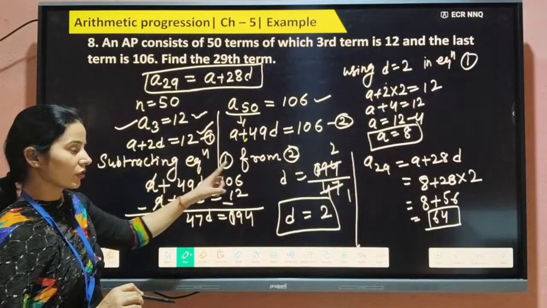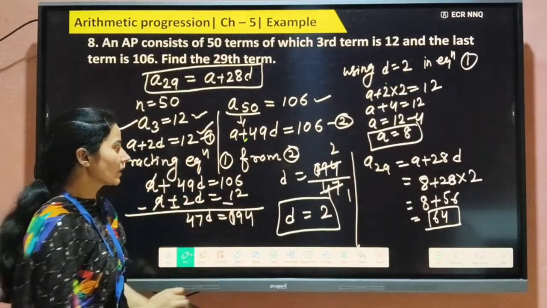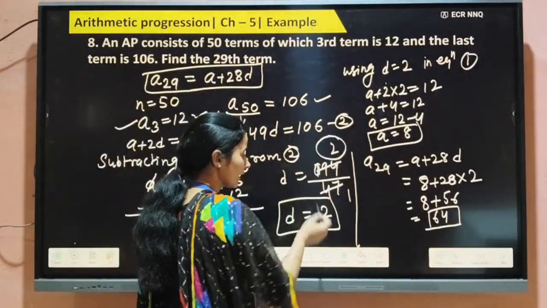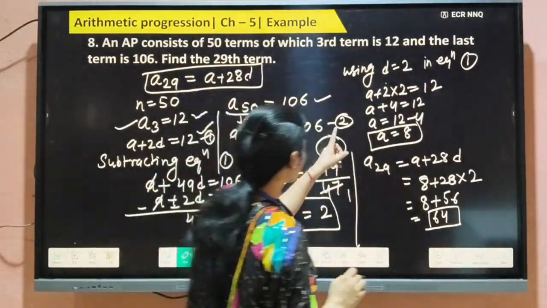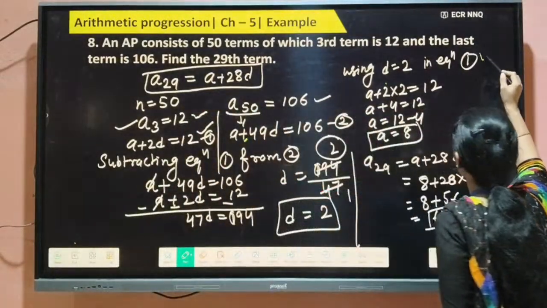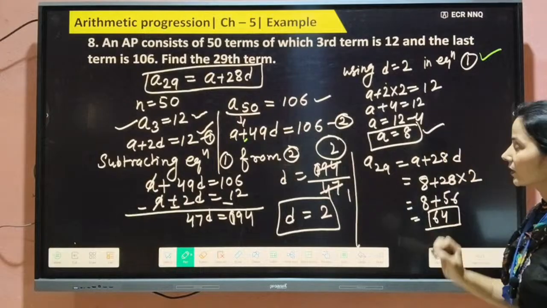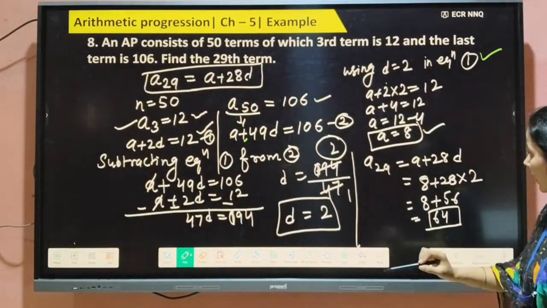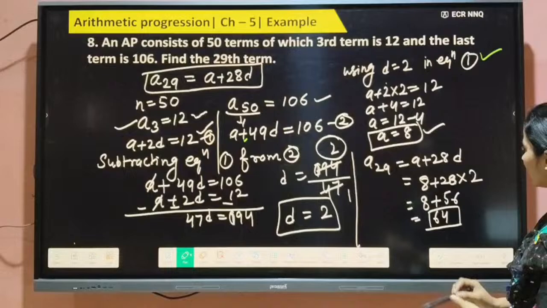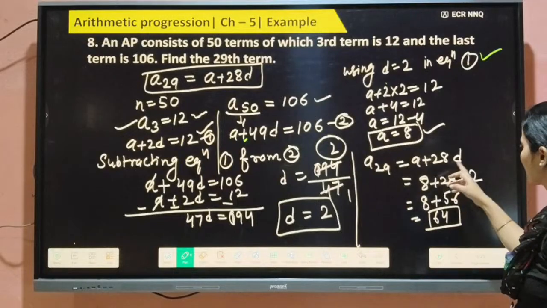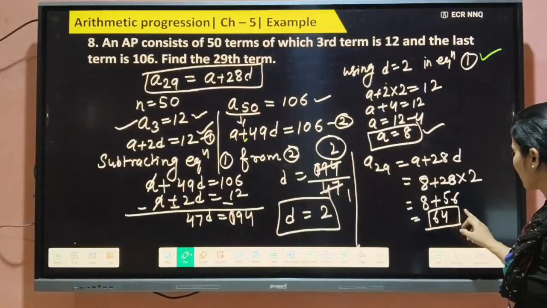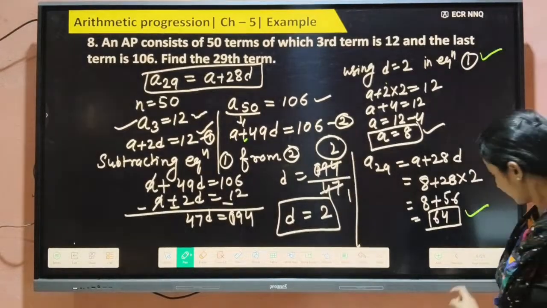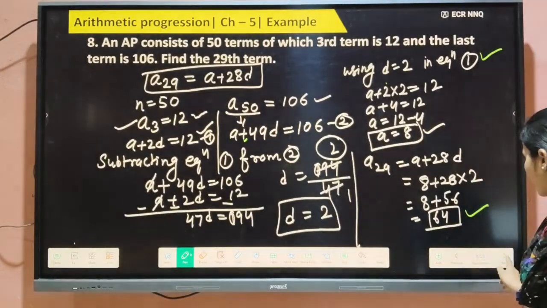Subtracting equation 1 from 2, then you will get D equals to 2. Using D equals to 2 in equation number 1, then I will get A is equals to 8. And after that, 29th term is A plus 28D, that is 64. Question number 8 is completed.